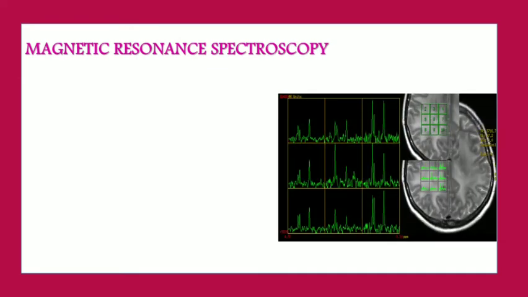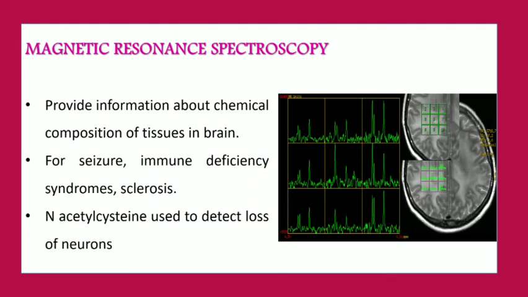Magnetic resonance spectroscopy, also known as nuclear magnetic resonance spectroscopy, is a non-invasive, ionizing radiation-free analytic technique that has been used to study the metabolic changes in the brain.